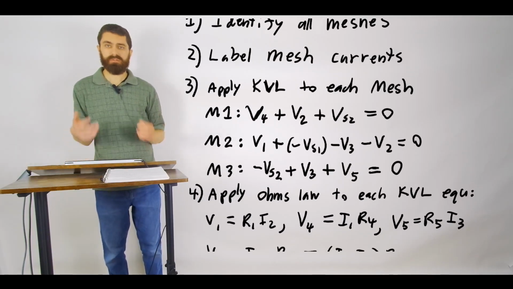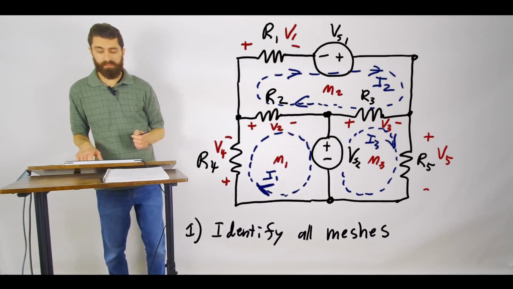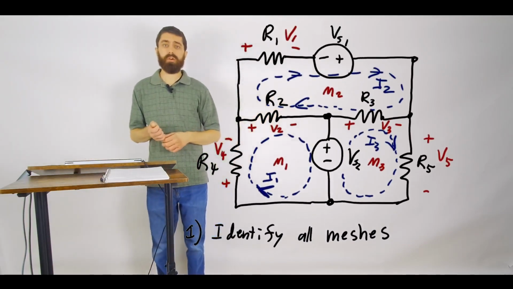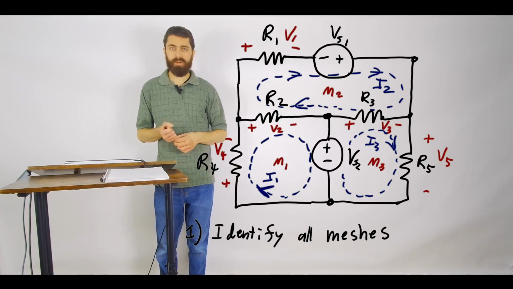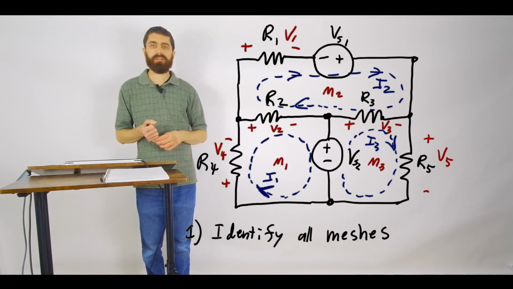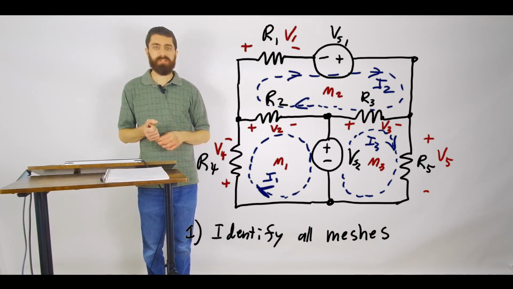We have three equations, three unknowns, and based on that, you can figure out all the other voltages and currents in the circuit. So that pretty much summarizes the mesh analysis technique.